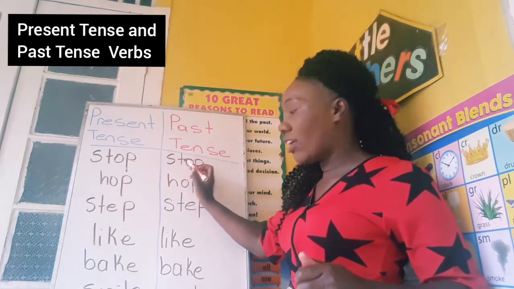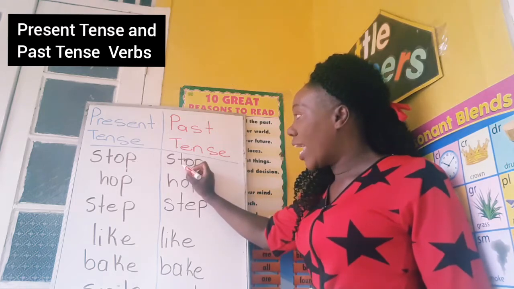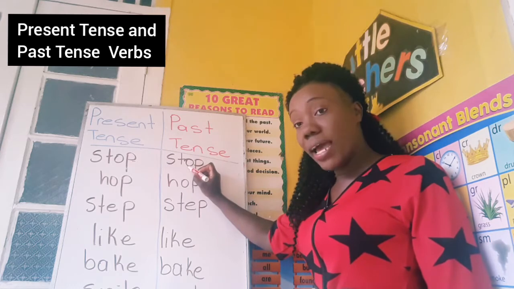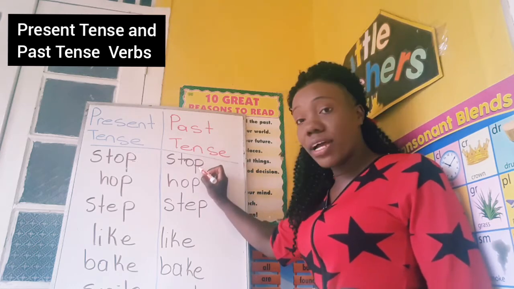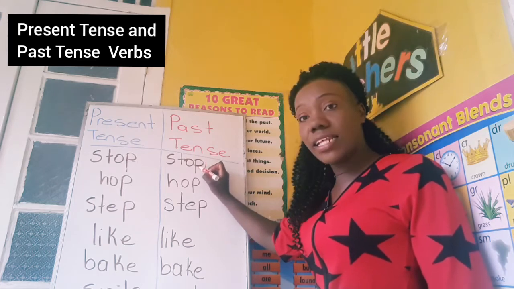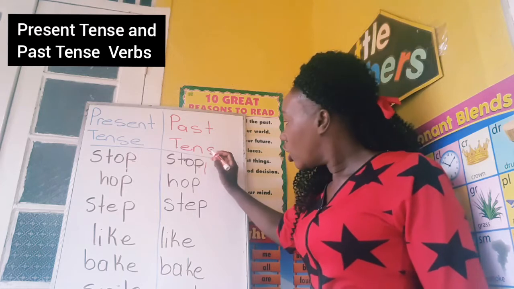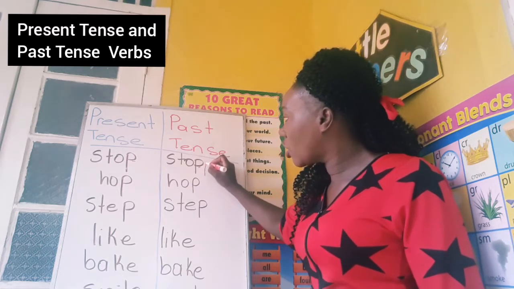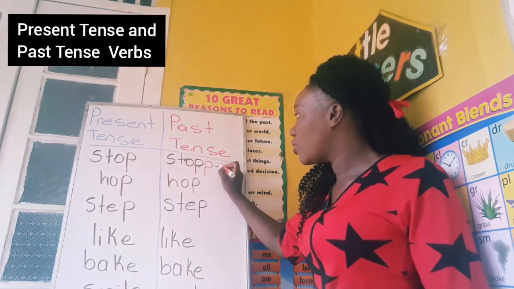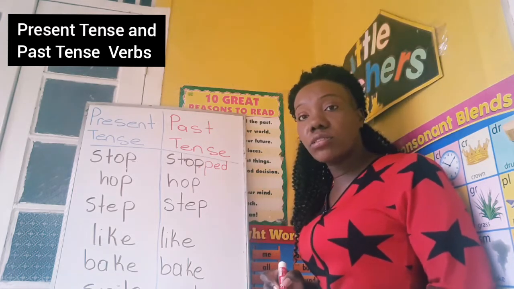Remember I said that for past tense, for some verbs, when it ends with a consonant followed by a vowel and another consonant, you double the last consonant, which is a P. So you add another P, doubling the last consonant, and then you add ED, and that is now stopped.